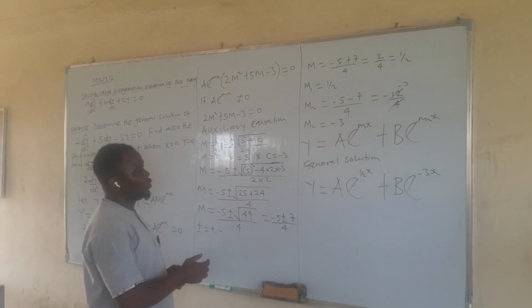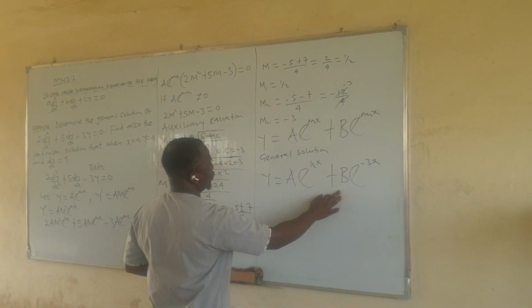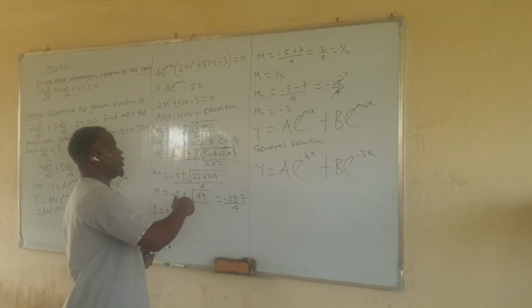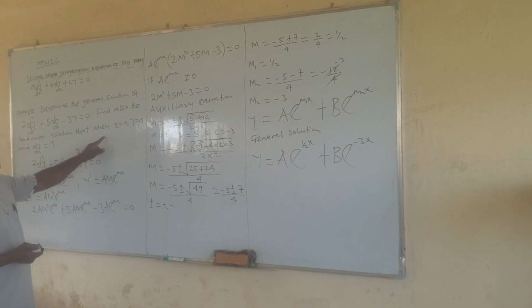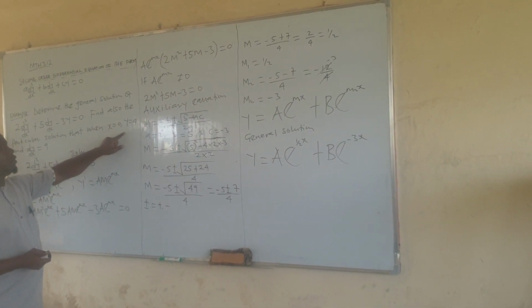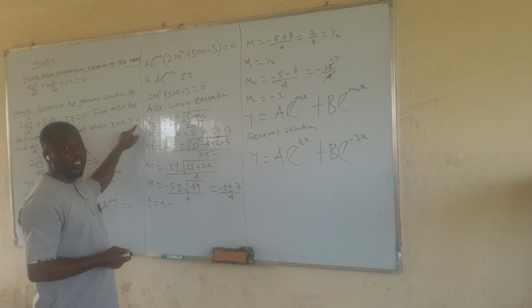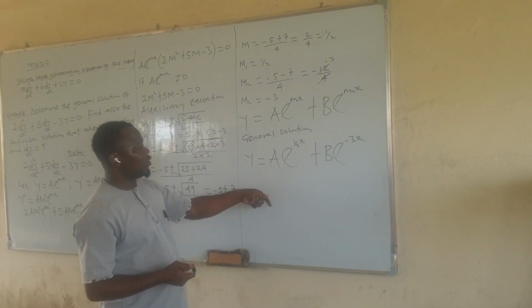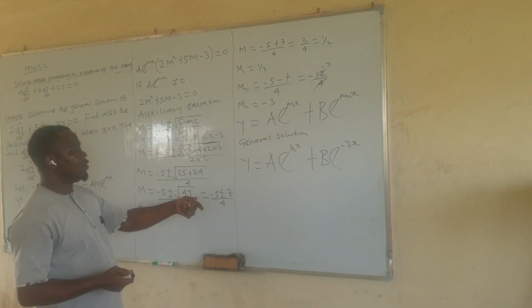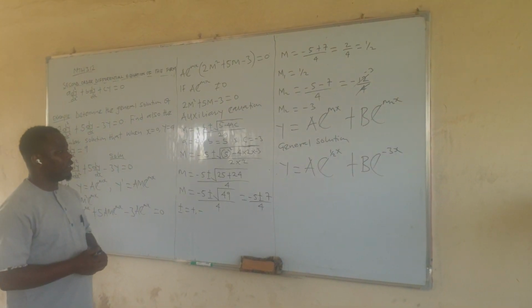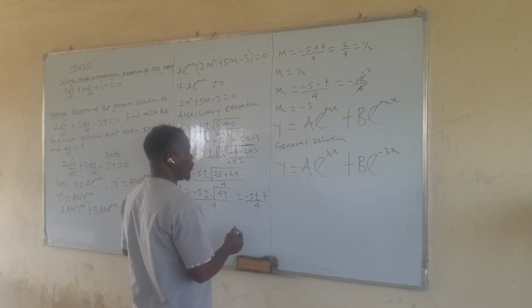We are going to use this general solution to obtain our particular solution by using the boundary conditions. It implies that we are going to have, at the end of the day, two simultaneous equations. Is that clear? Okay. Let's go.